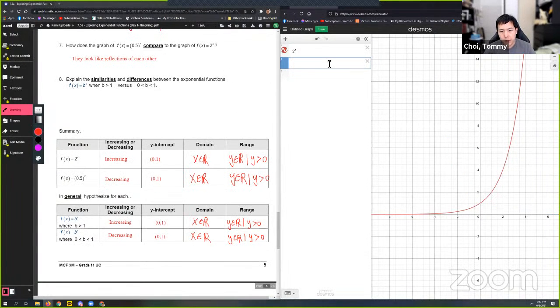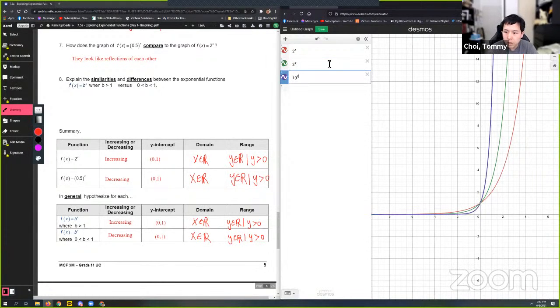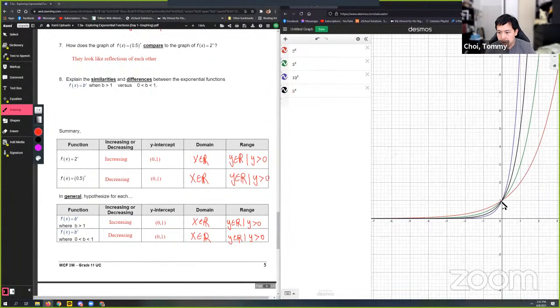So for example, if I graph 3 to the power of x, or 10 to the power of x, or 5 to the power of x, look, all of the graphs do the exact same thing. They increase going to the right, they have a y-intercept of 0, 1, and they're always greater than 0. y is always greater than 0.